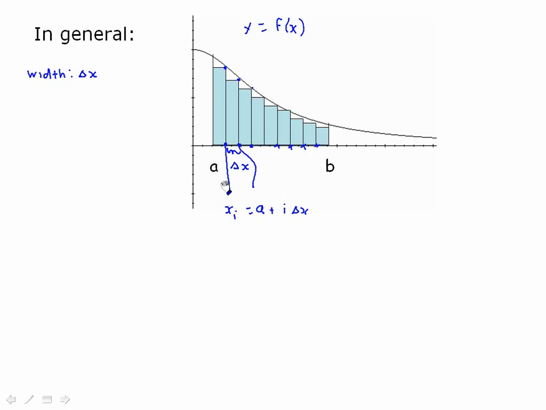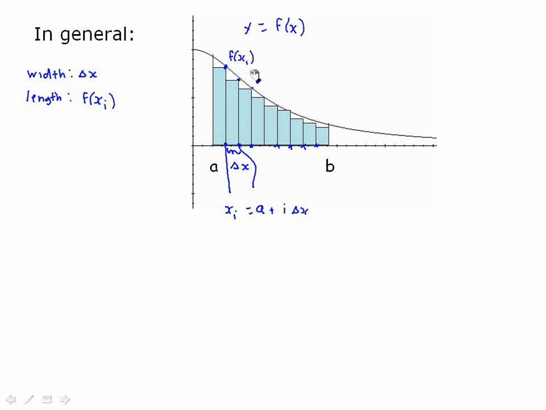And then that would tell us that the length of each rectangle is going to be equal to the f value for xi. So right there would be f at x1.